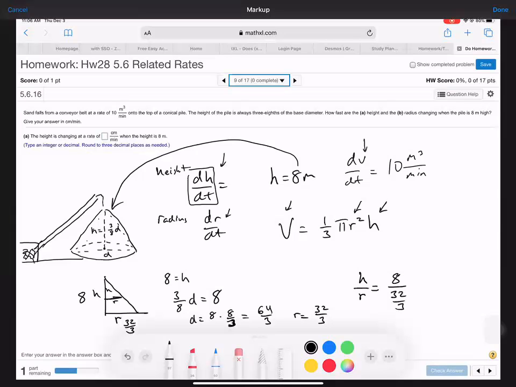Take a look at this ratio. We can rewrite it: 8 over 32 over 3 is 8 over 32 multiplied by the reciprocal, which is 3 over 4. So h over r is equal to 3 over 4.